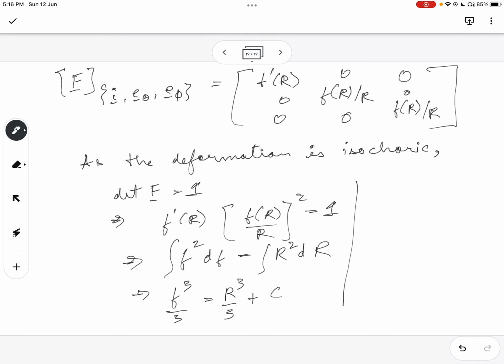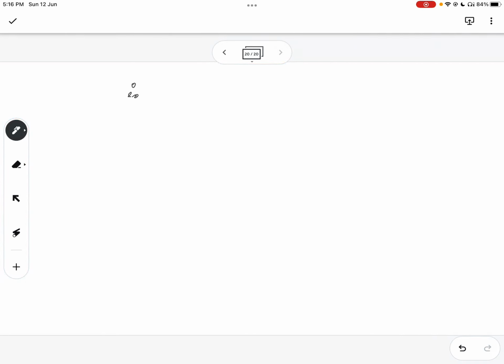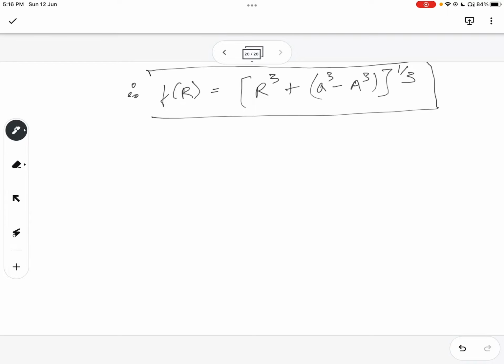Now we already have a boundary condition that f(A) is equal to small a. Therefore, a cubed by 3 is capital A cubed by 3 plus c, which implies that c is a cubed minus capital A cubed by 3. Therefore, f(r) comes out to be of the form r cubed plus a cubed minus capital A cubed, to the power 1 by 3. So this is the form of f(r) obtained.